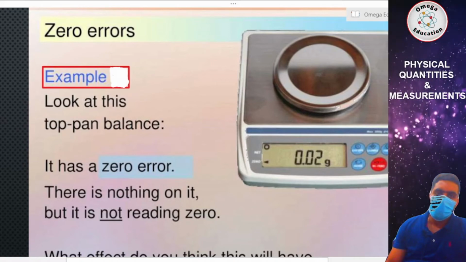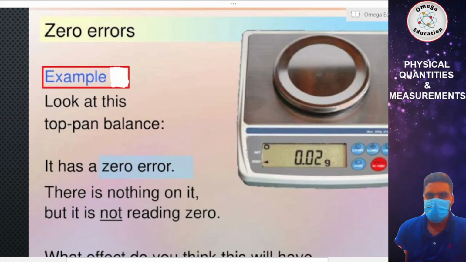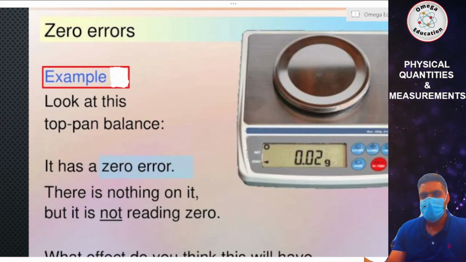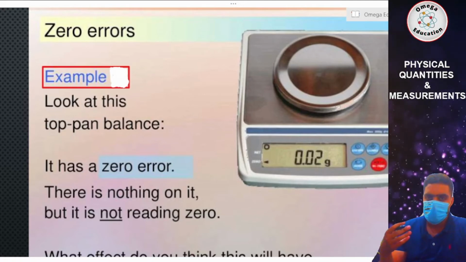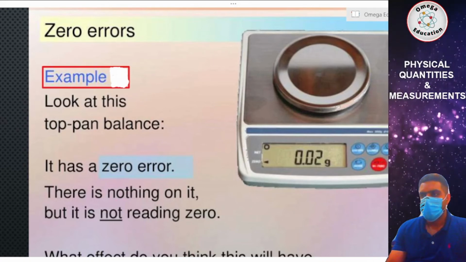All right, so the number that is displayed on the screen of the instrument would be different from the actual reading or the actual quantity of that object.